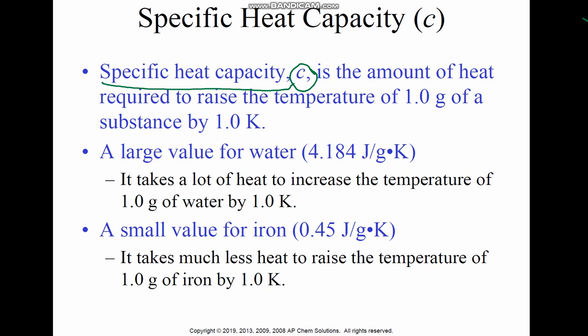But when we look at that demo that we did on Friday, it's really interesting to know that it didn't take very much heat to get that iron really hot. But the water, when we dropped that really hot iron into the water, the temperature of the iron came down very quickly, but the water didn't heat up much at all. So I want you to think back to that when you think of specific heat.